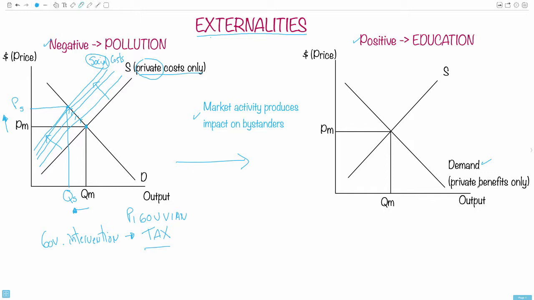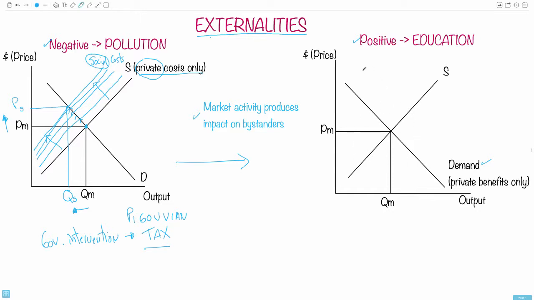When they assist neighbors, family members, friends, more likely they're going to charge for this conversation, but it's beneficial. They obey laws, they follow guidelines, and so on. So there are benefits that are not captured by the demand in a regular market setting.